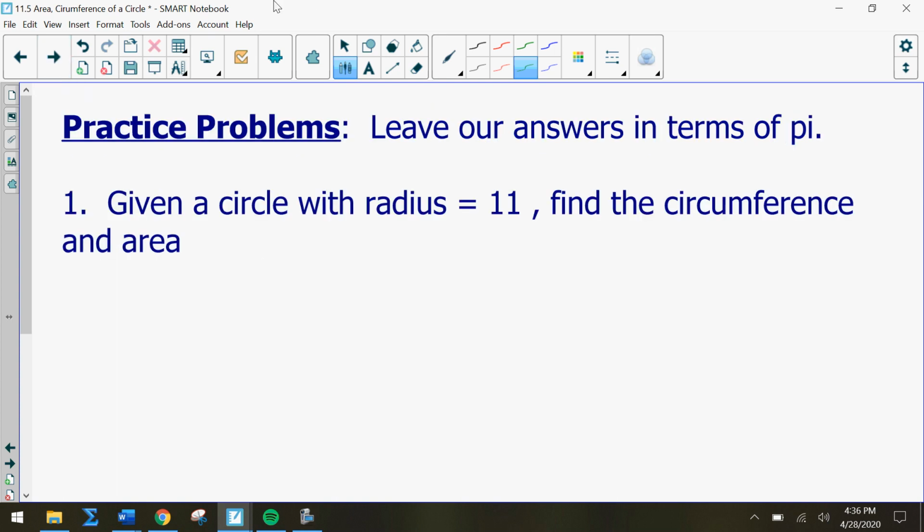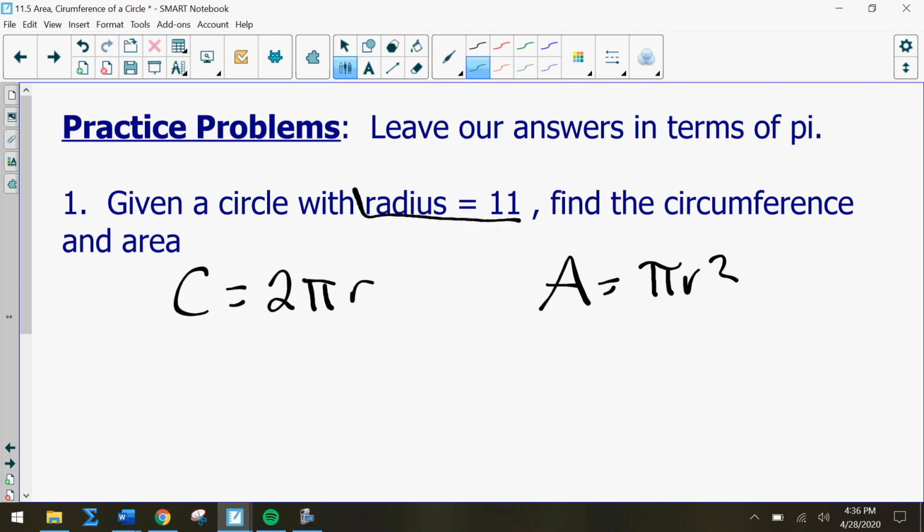All right, so let's do a few examples. Given a circle with a radius of 11, find the circumference and the area. So first I want you to write down the formulas. Okay, if our radius is 11, we have 2 pi times 11 to find our circumference.